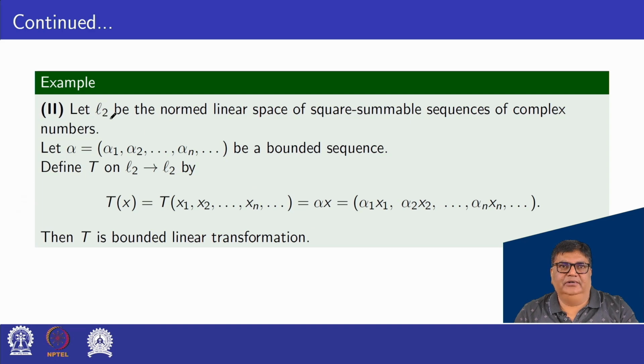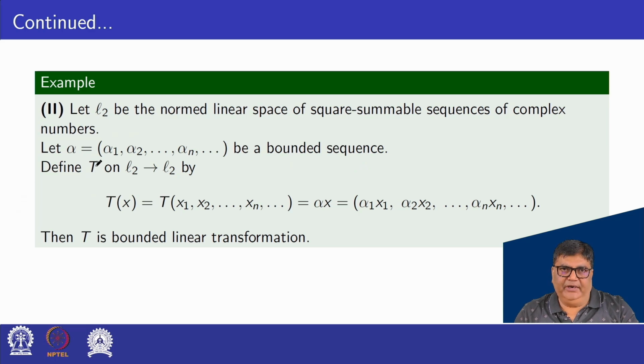Next example. Let L2 be the normed linear space of square summable sequences of complex numbers. Let alpha equal to alpha 1, alpha 2 and so on, alpha n, be a bounded sequence.